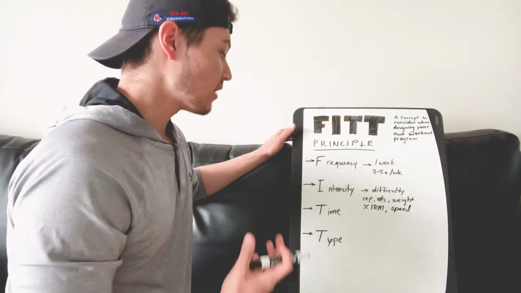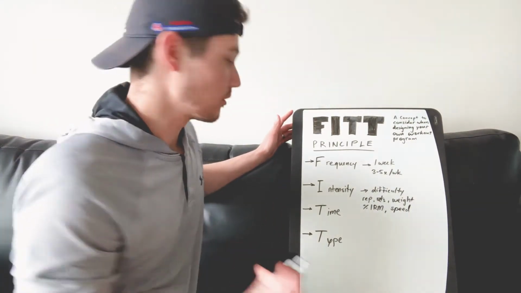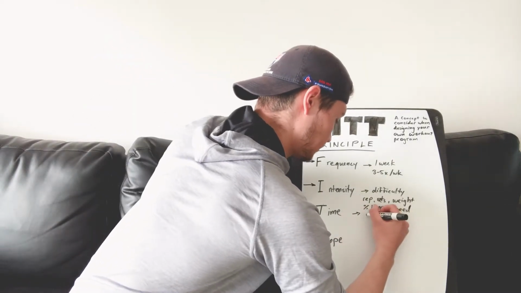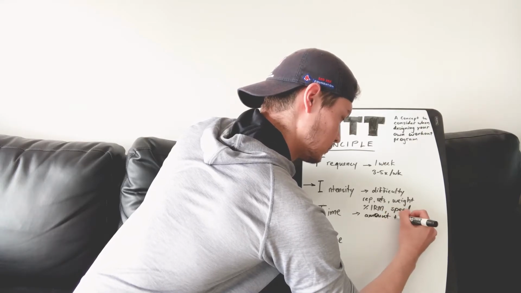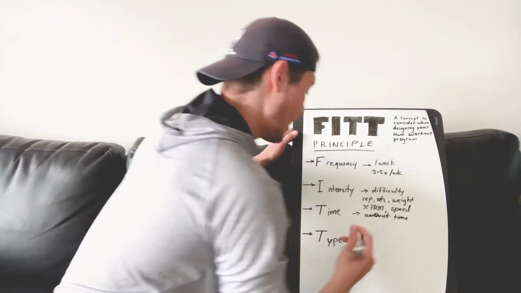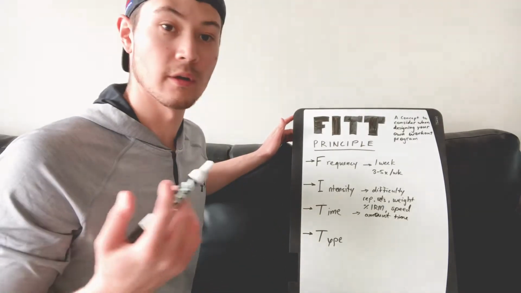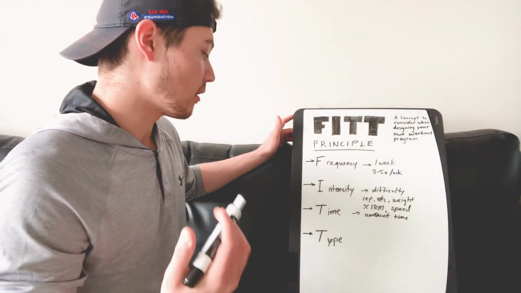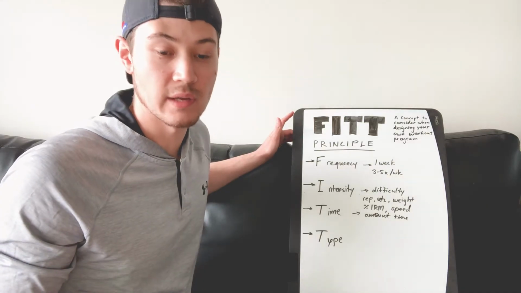Now time. Time is the amount of time spent during your workout or your sessions. Again, it's going to vary based on your goals and what you're aiming for. But typically, what you want to think about is the type of exercise you're doing.